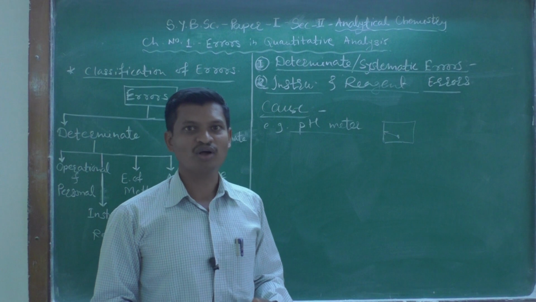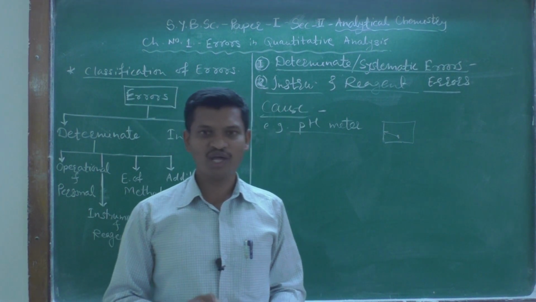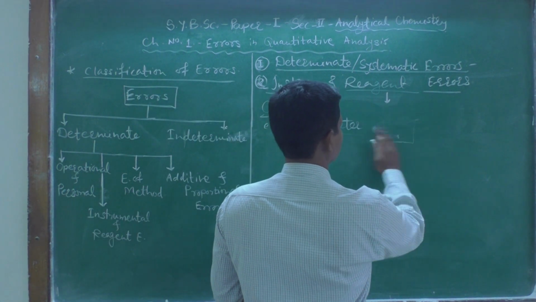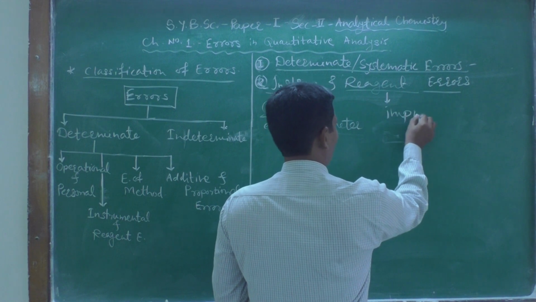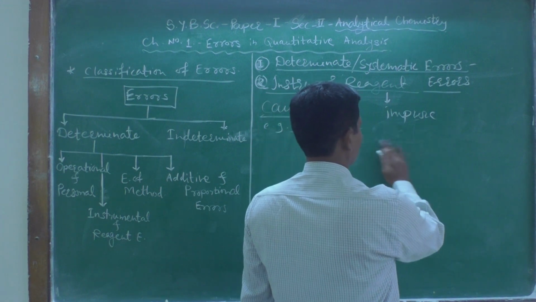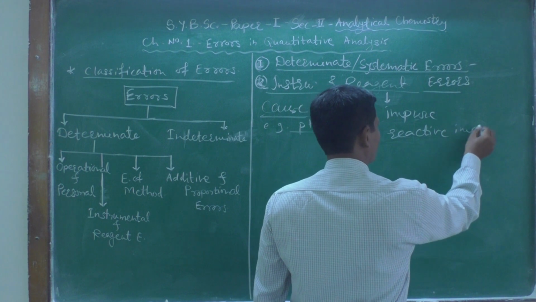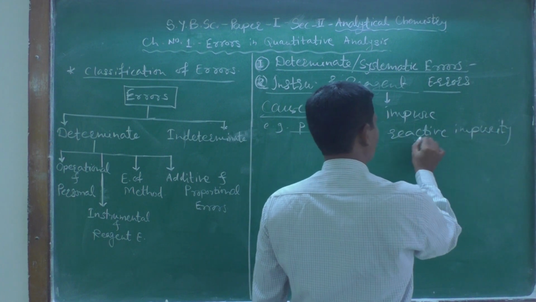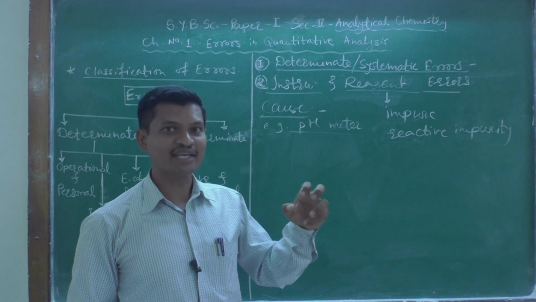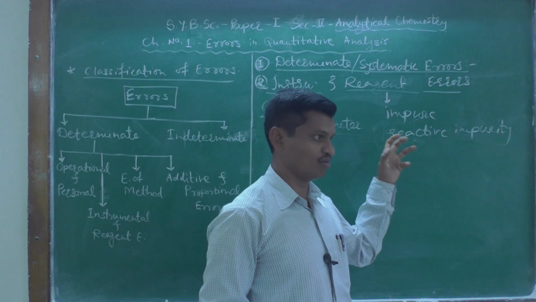Or reagent, or simply say the solvent. For example, when we are using a particular reagent and that reagent is impure, or that reagent or solvent may contain reactive impurity, then this reactive impurity may react with our main substance or our target substance.